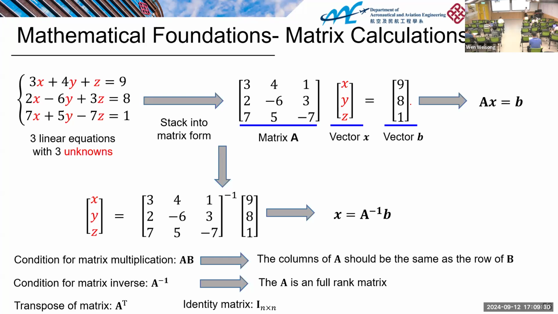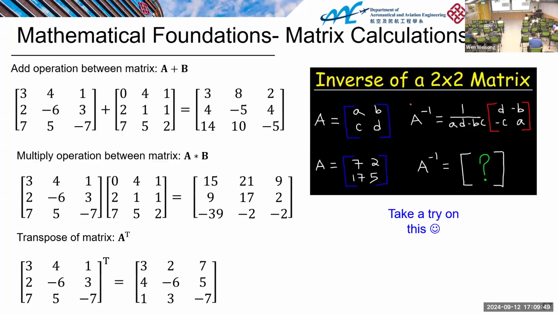It means each of the lines, considering this matrix, should have full rank. So the transpose of A times A is the identity matrix with size n by n. Okay, so this is okay, right? These are the basics for the matrix.